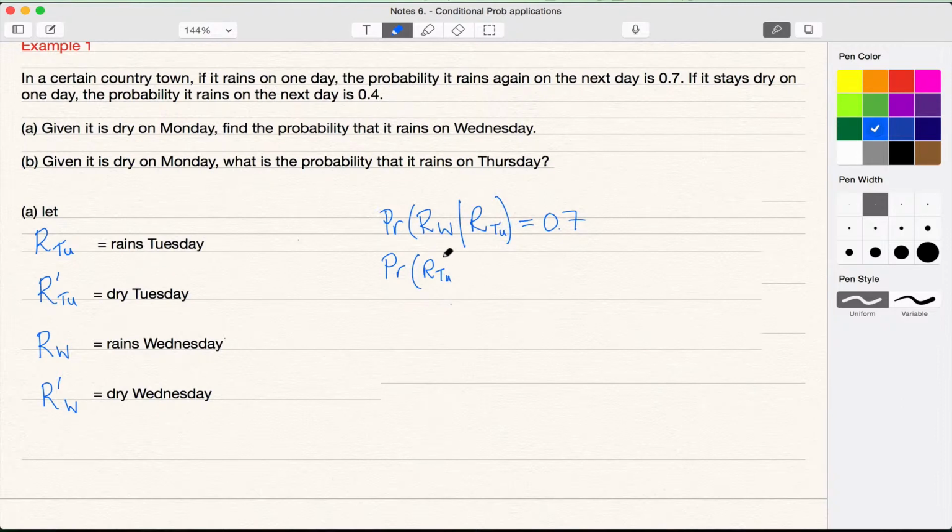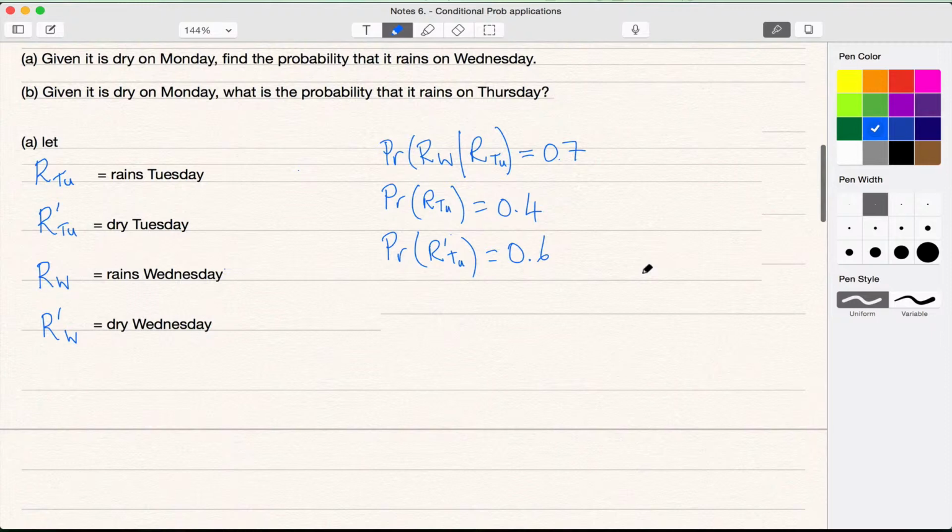Need a U on there. The probability that it doesn't rain on Tuesday is just going to be 1 minus 0.4, which is 0.6. And that's all the information we've got so far.